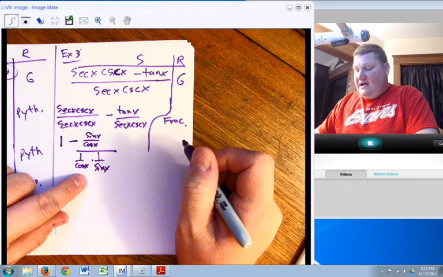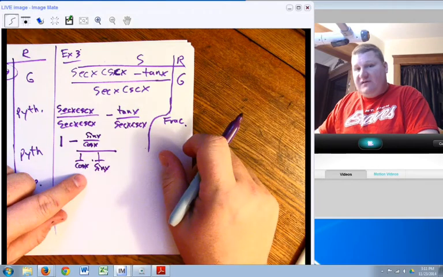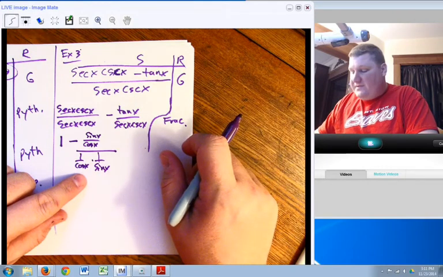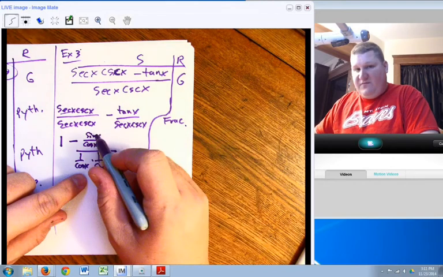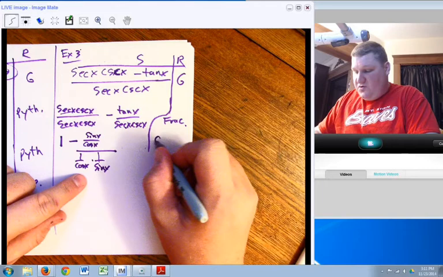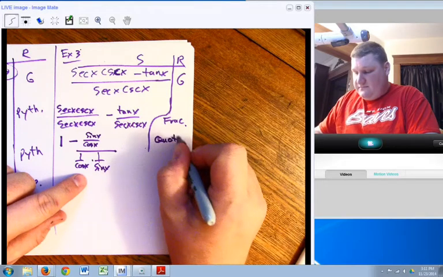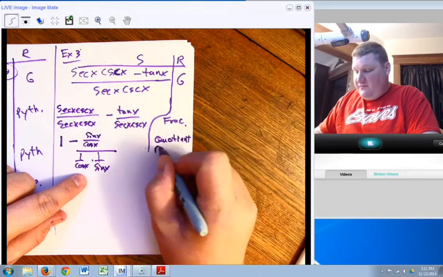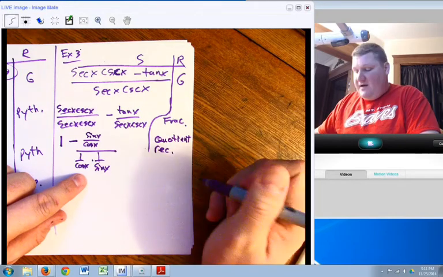And so now, what do you think I'm going to do? Well, hopefully if you figured out that every time you have a fraction and a fraction, oh, by the way, that was by quotient and reciprocal, that I'm going to multiply by the reciprocal.